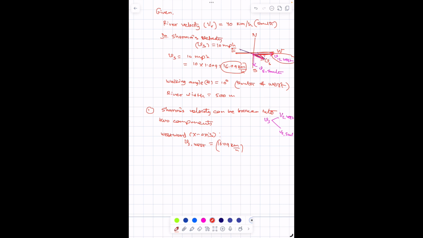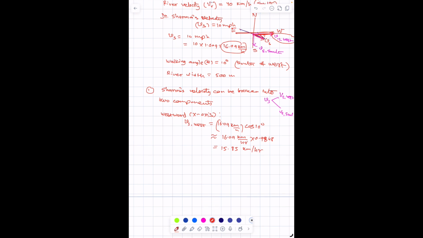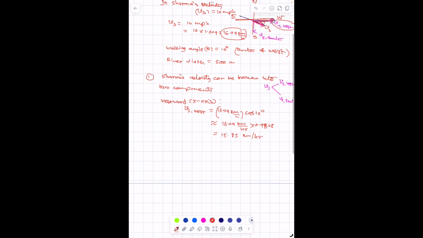If this is theta, that gives the cosine of 10 degrees. Let me use my calculator. 16.09 kilometers per hour times cosine of 10 degrees, which is 0.9848, is around 15.85 kilometers per hour. So Dr. Sharma's velocity along the west direction is 15.85 kilometers per hour.